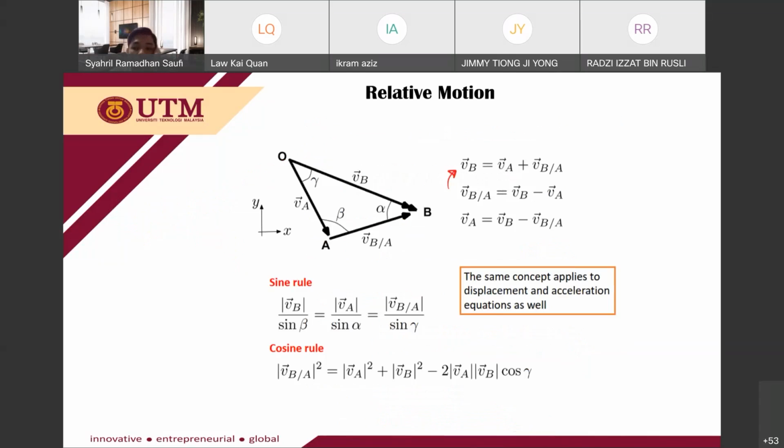This is the relative analysis that you need to do. If you use trigonometry, you need to form the vectors into a triangle form.